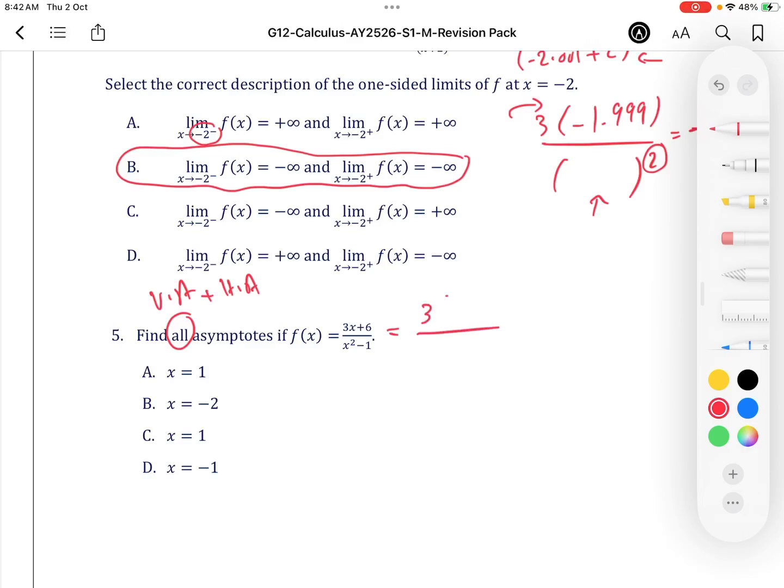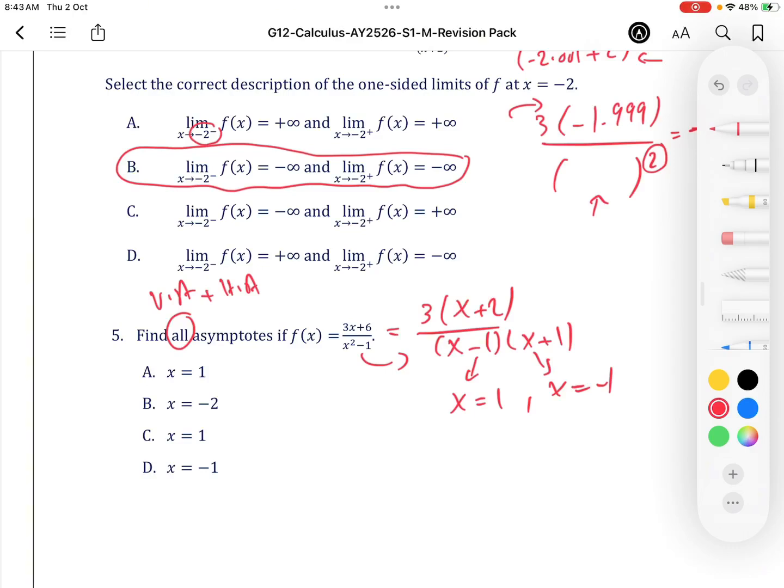GCF is 3, so x plus 2. x squared minus 1, mentally or by calculator, since it's quadratic. So the numbers are -1 and +1. Nothing to be cancelled, so we are sure that the values of the denominator are the vertical asymptotes. So x equal 1, x equal -1. These are the vertical asymptotes.